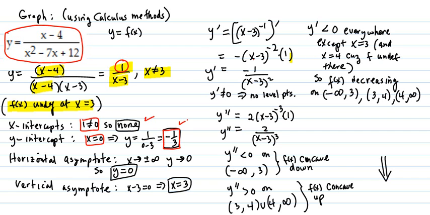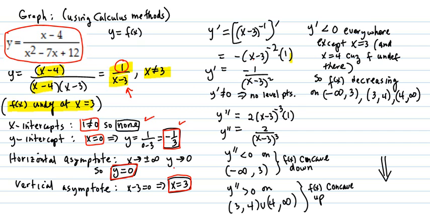Horizontal asymptote: as x goes to plus and minus infinity, you can see that the denominator gets very large, positive or negative. So y is going to 0. So the horizontal asymptote is 0. Vertical asymptote at x equals 3.